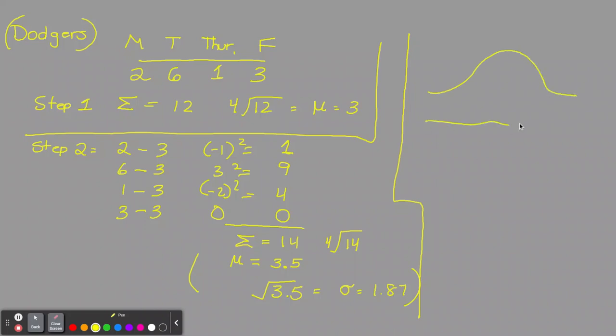So if you see the numbers kind of like this, you see a bell curve like this, the numbers are very clustered together. That would be a low standard deviation. But a high standard deviation means that the numbers are very spread apart from each other. You might see something like this. So with a low standard deviation, more clustered together, and a high standard deviation, more spread apart.